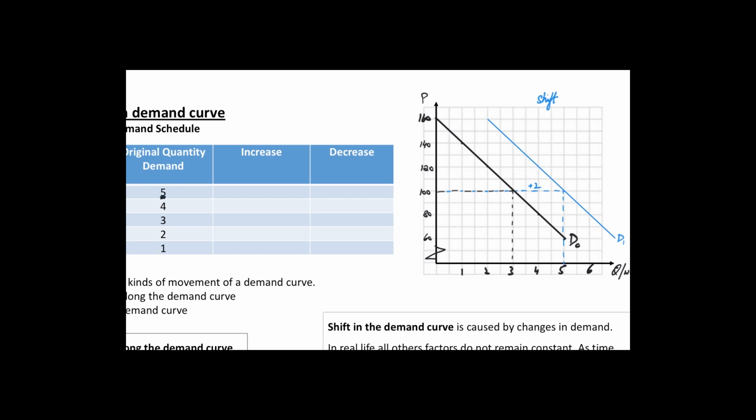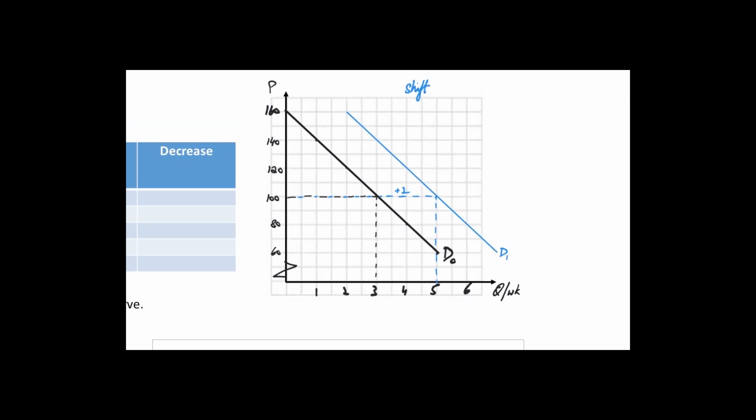So first it was 5, so now it must be 7 at that price, and then at a price of 80, I was buying 4. Now I will be buying 6 because there has been an increase in the demand by 2 at each and every price level. Similarly, even the decrease will be measured like that.